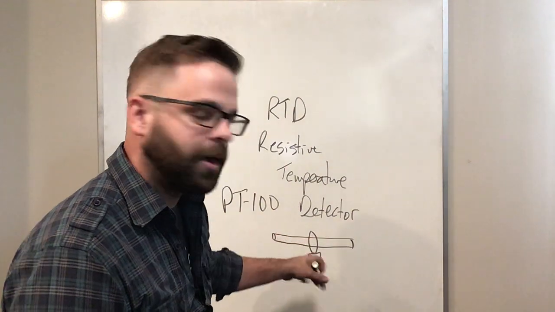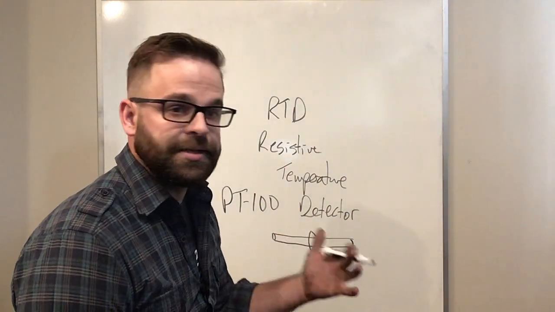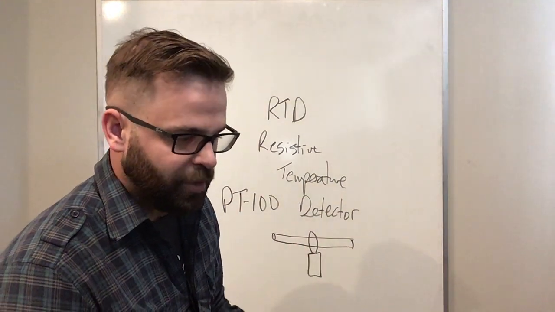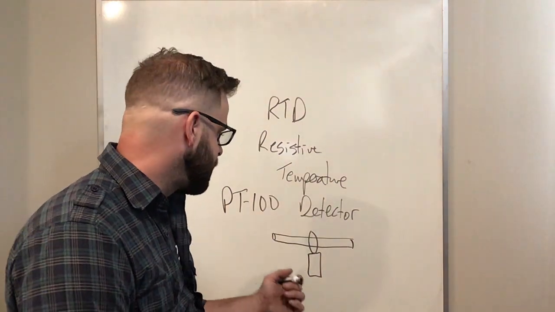So that's for copper. So as heat goes up, resistance goes up, and then as heat goes down, obviously vice versa, the resistance will go down, and that is referred to as positive temperature coefficient.